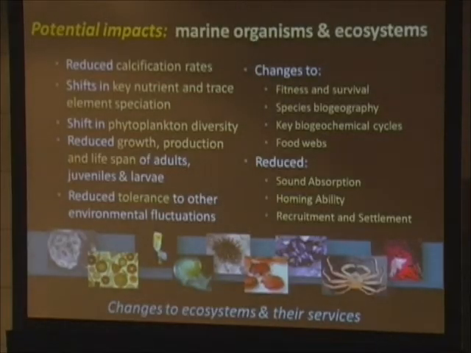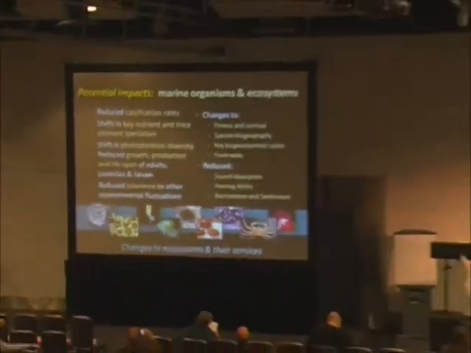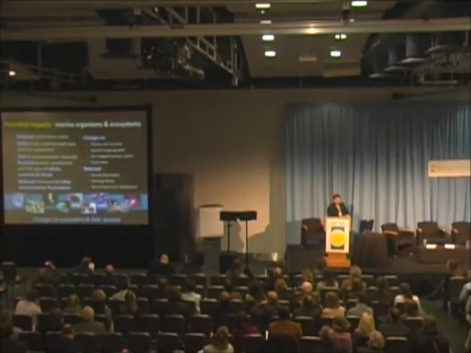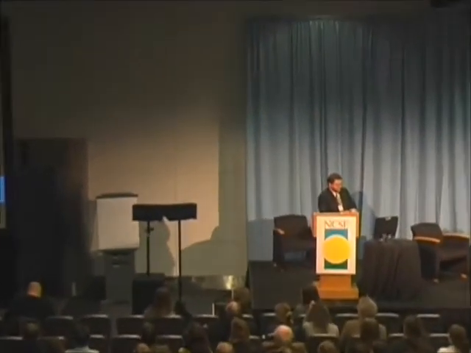Here's a laundry list of potential impacts. I'll just quickly run through them because I don't have time to talk about all of them. Reduced calcification rate, which I will spend some time on. Shifts in key nutrient and trace element speciation, which Ed will talk about in the next talk. Shift in phytoplankton diversity. Reduced growth, production, and lifespan of adults, juveniles, and larvae. I'll touch on this one.